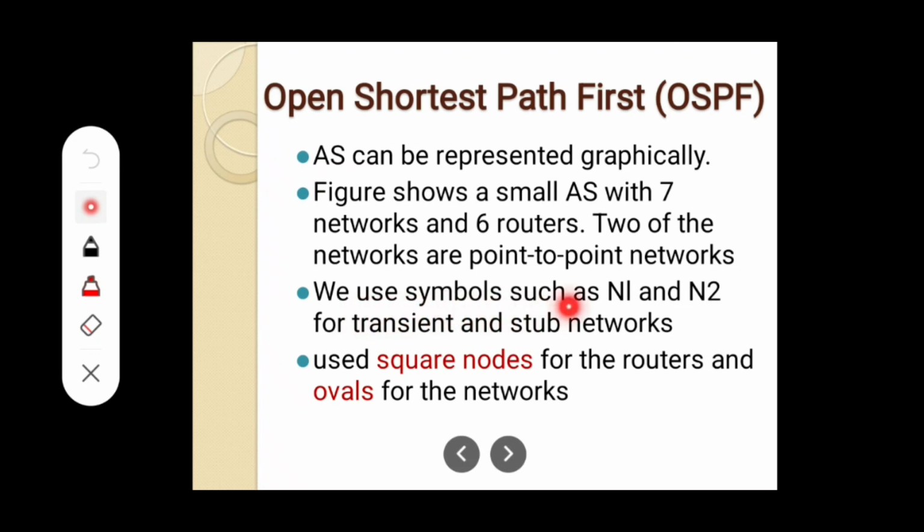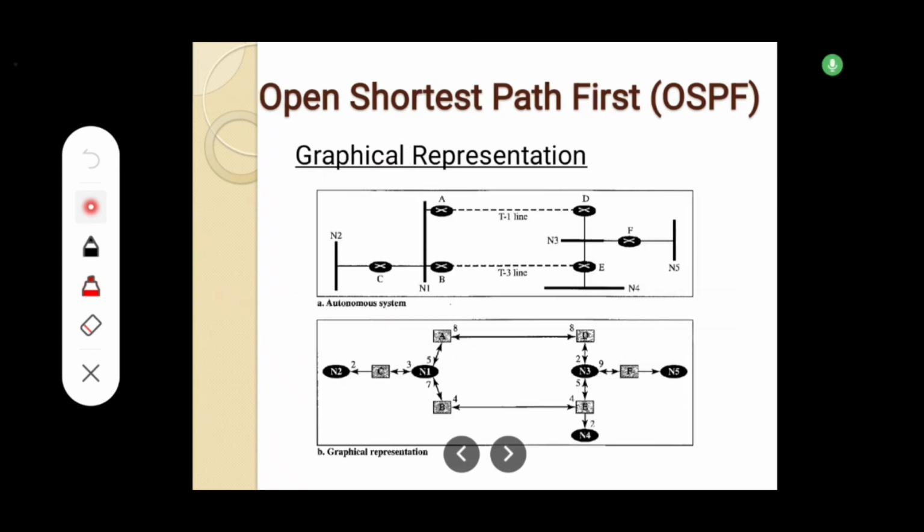We use symbols such as N1 and N2 for transient and stub networks. This network N2 is a stub network. Why a stub network? Because it is connected only through a single router. What about N1? N1 is a transient network, because in N1 multiple routers are connected.